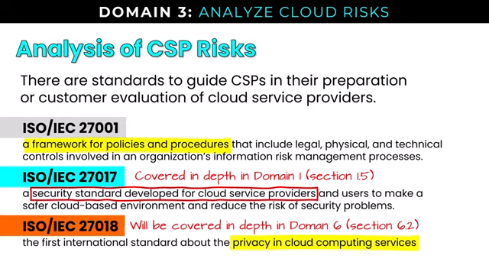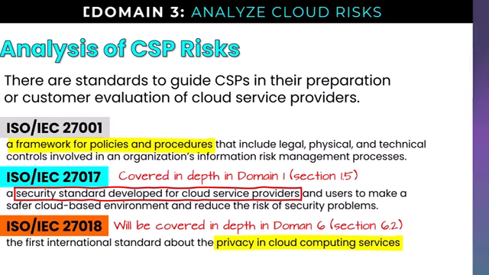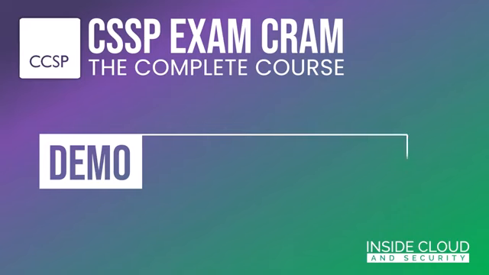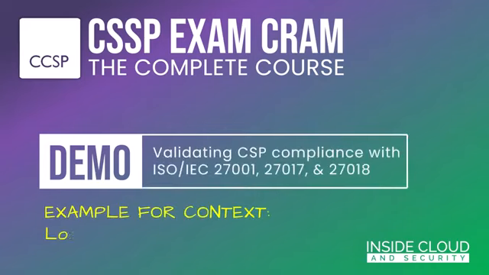Repetition is good for memorization. I'm going to call these out in various facets throughout the series, so you'll be ready on game day. And CSPs like Microsoft and Amazon do provide resources that demonstrate their compliance with standards like ISO IEC 27001, as well as the 27017 and 27018 standards.